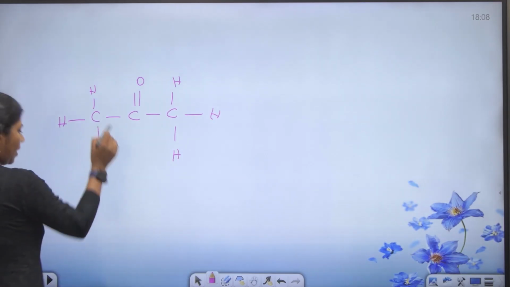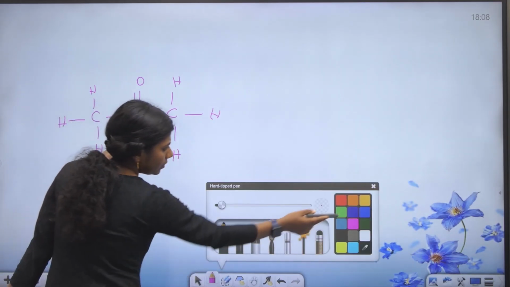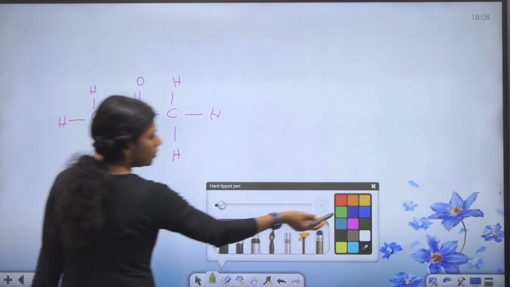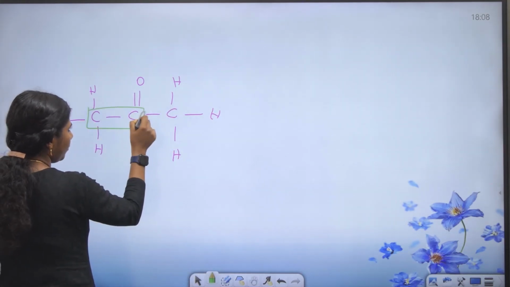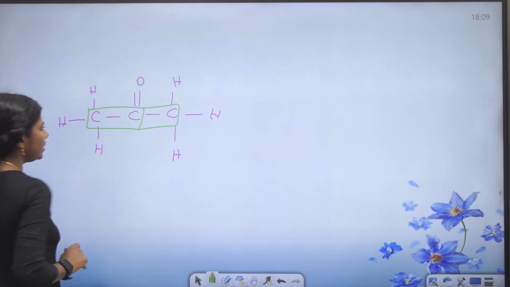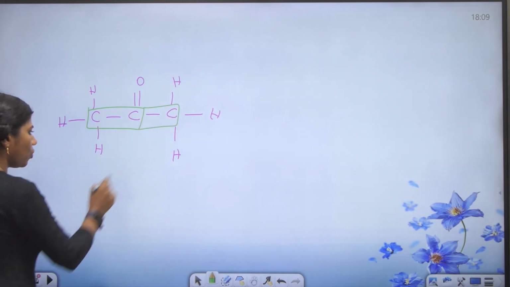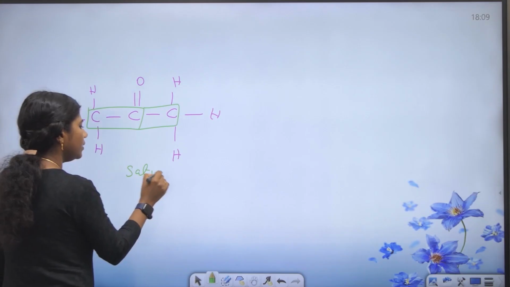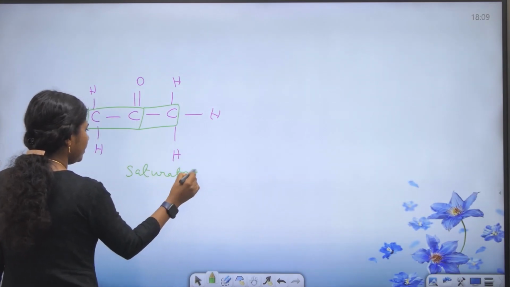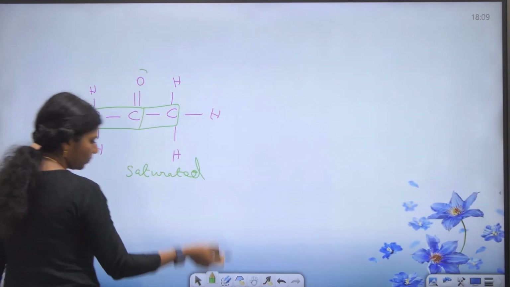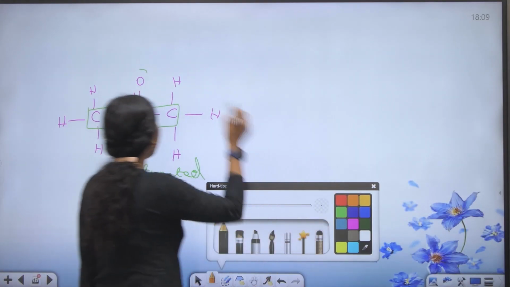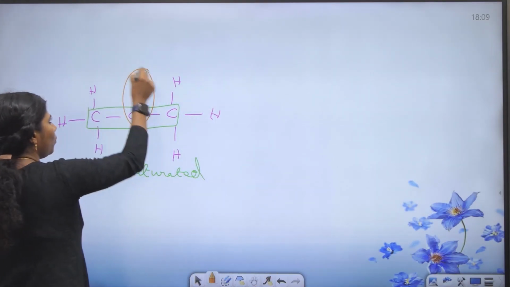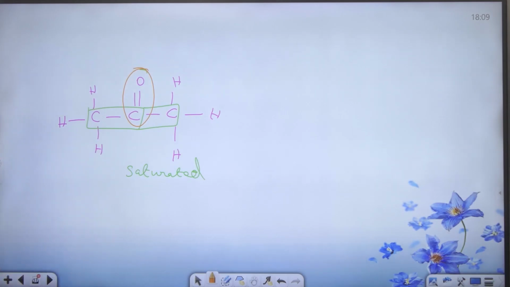All carbon-carbon bonds are single bonds. That means this compound is a saturated compound. Here one multiple bond is present, but the multiple bond is between carbon and oxygen atoms.